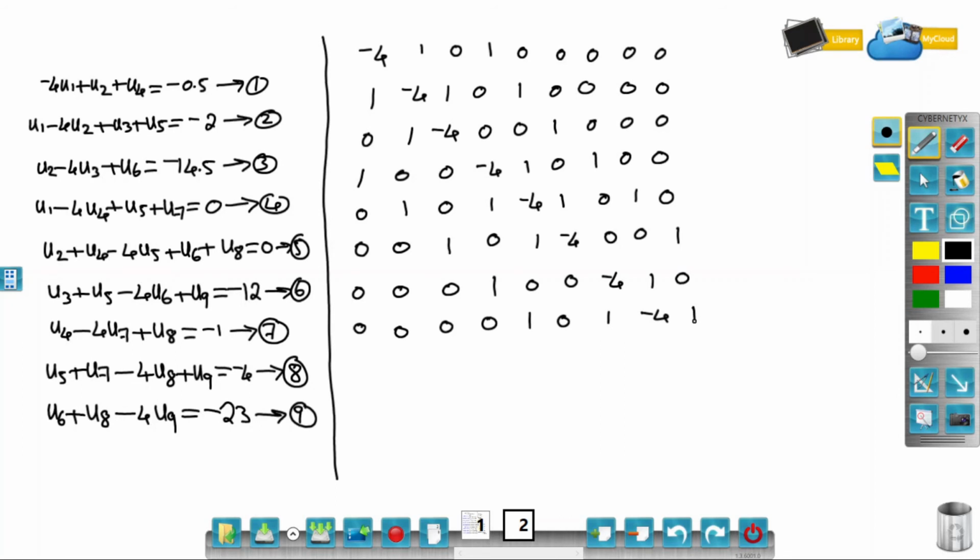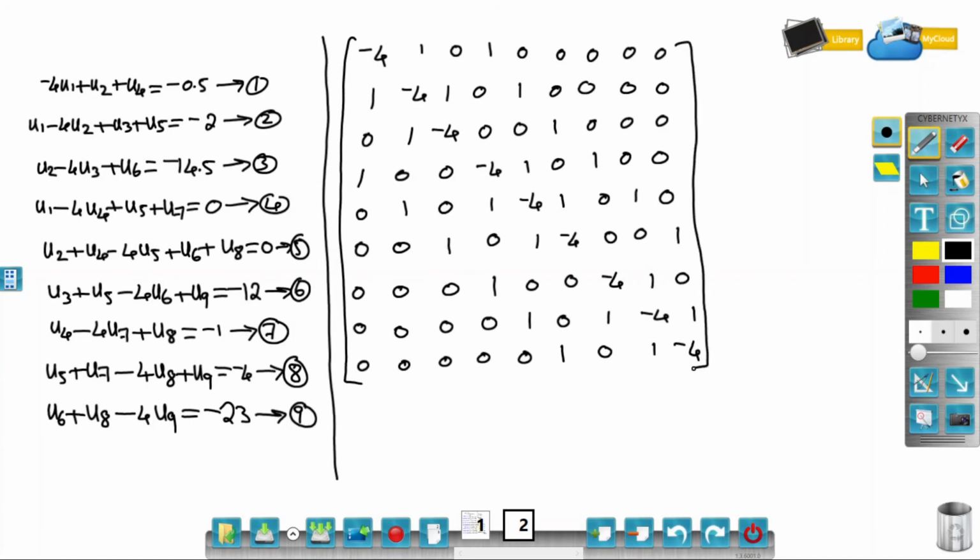In the ninth equation, u1 to u5 are 0, u6 is 1, u7 is 0, u8 is 1, u9 is minus 4. Okay. This multiplies u, where u is u1, u2, u3, u4, u5, u6, u7, u8, u9, equal to the output.